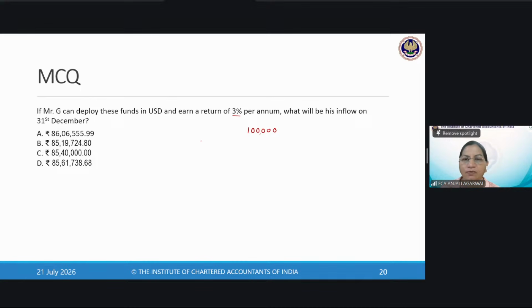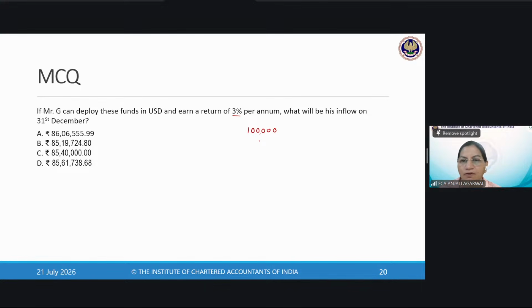So in that case, what would have happened? 100,000 would have got him an interest of 3% for 31 days: 100,000 into 3% divided by 365 per day interest, and into 31 days.